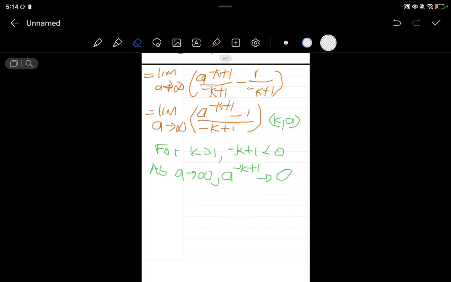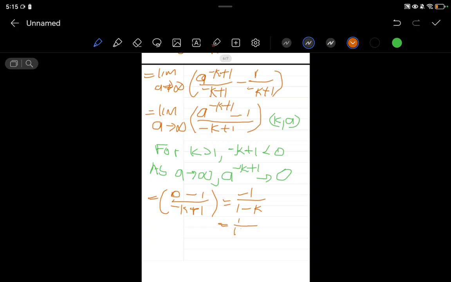This grants us the opportunity to say 0 minus 1 over minus k plus 1 equals minus 1 over 1 minus k. Then we know this converges to, simplifying further, 1 over k minus 1.